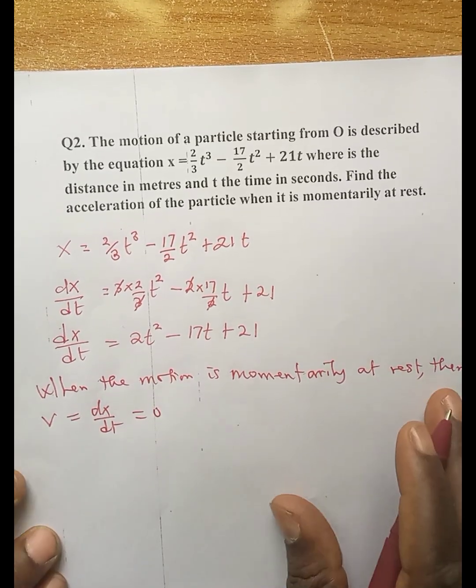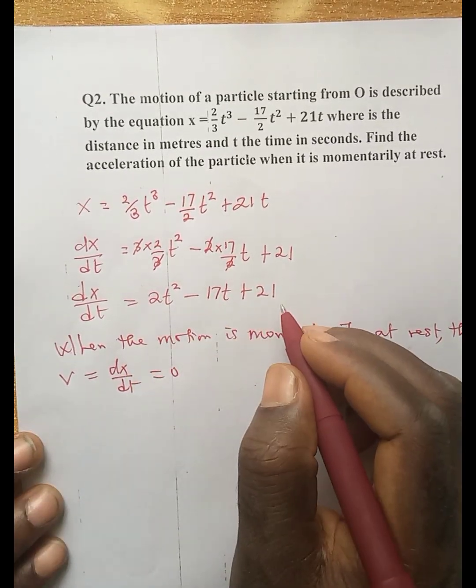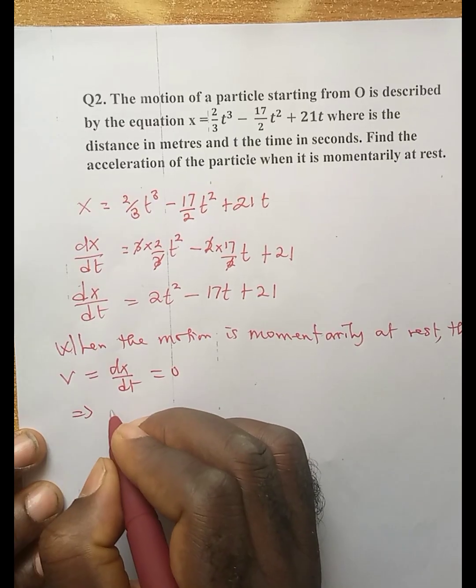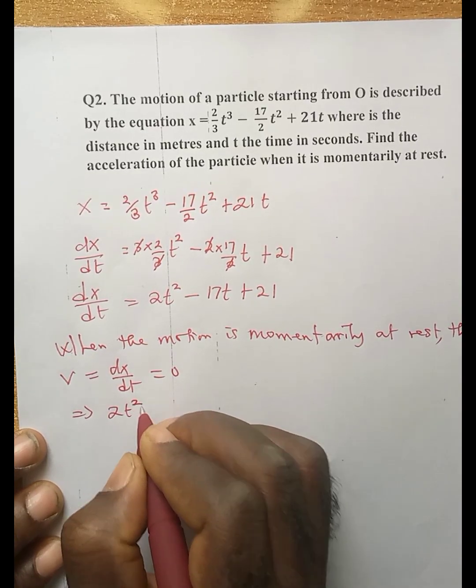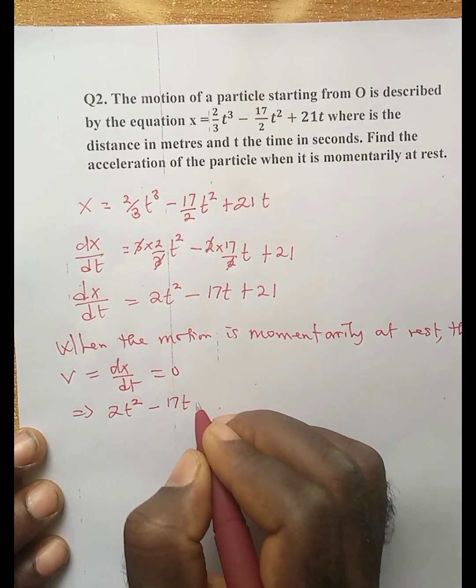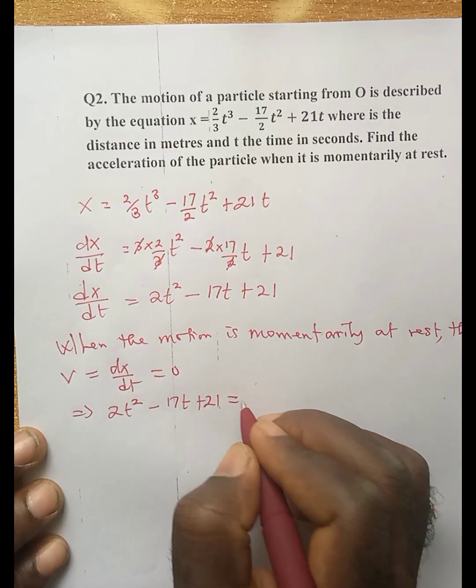For that, we equate this to be 0. This implies that 2t squared minus 17t plus 21 is equal to 0.